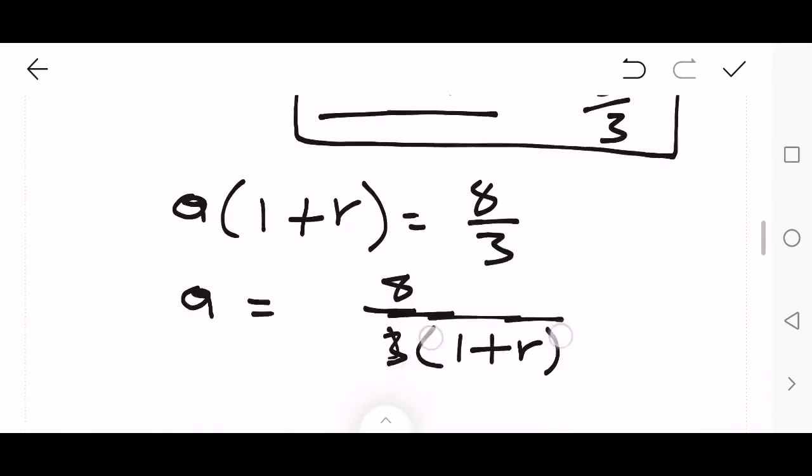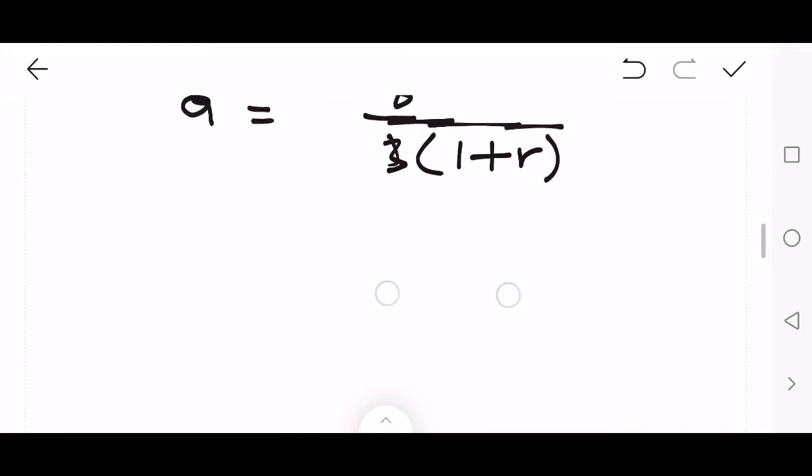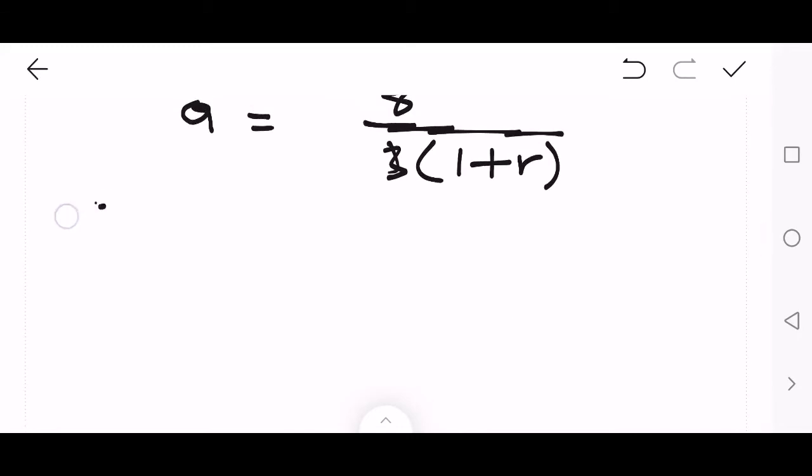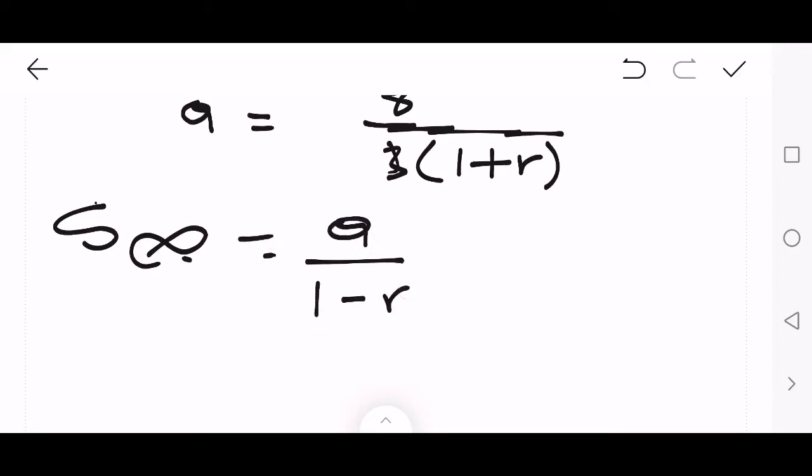The formula for s to infinity equals a over 1 minus r, and this is equal to 25 over 6.